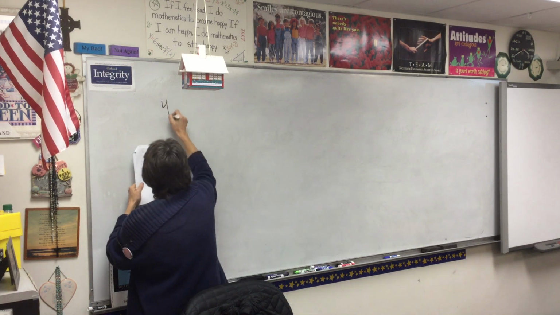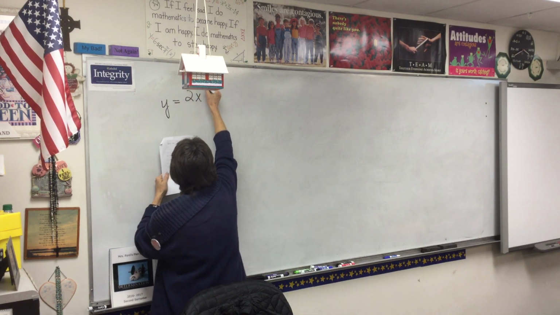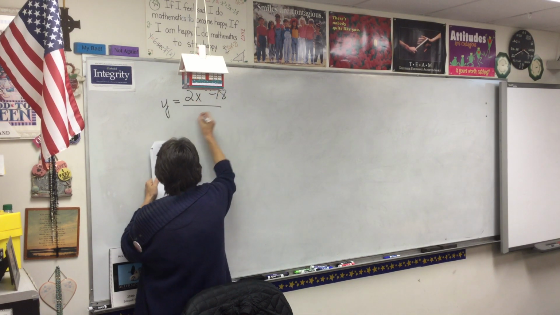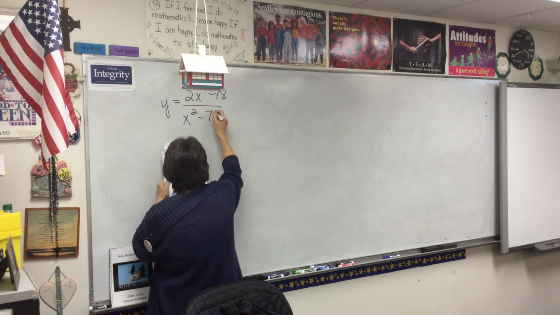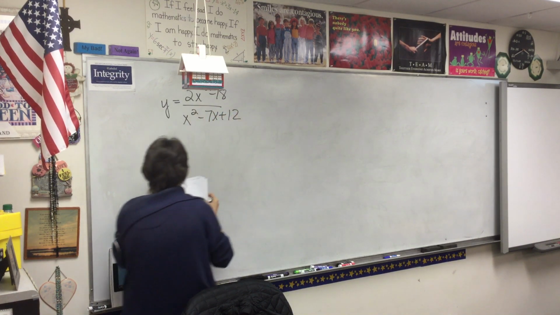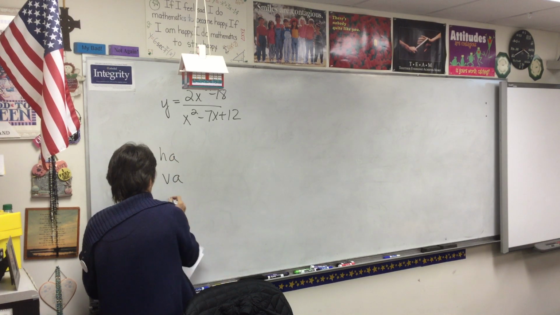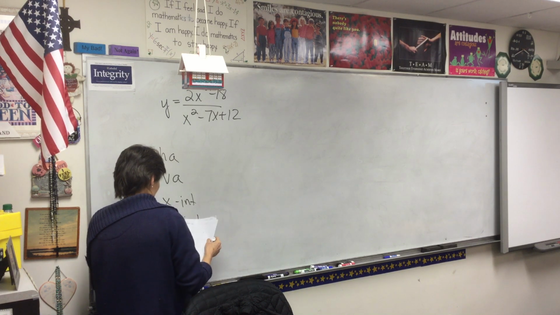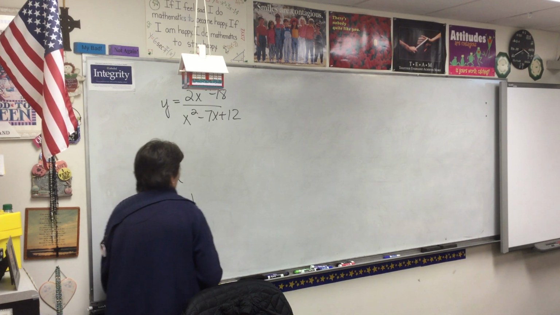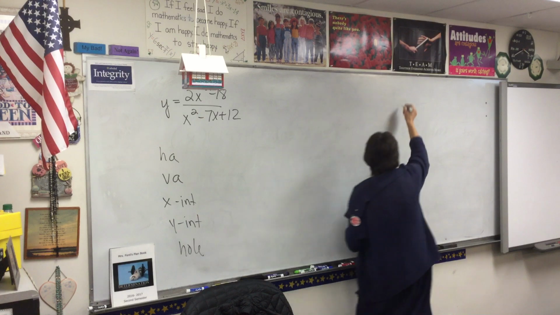So the problem is this. We are going to find horizontal and vertical asymptotes, x and y intercepts, and the hole. All right.